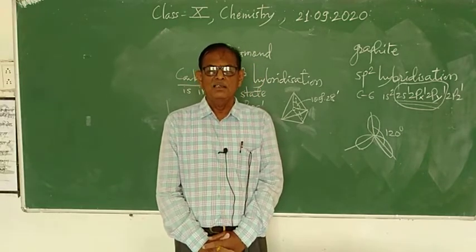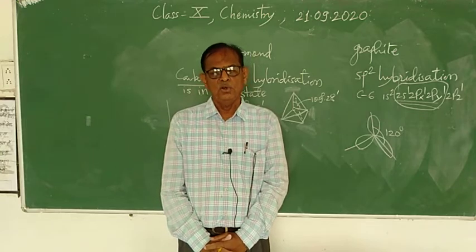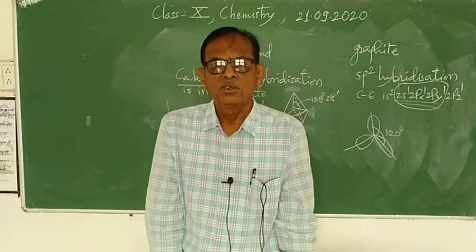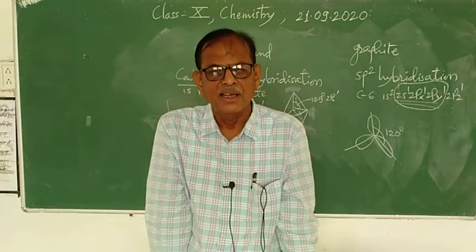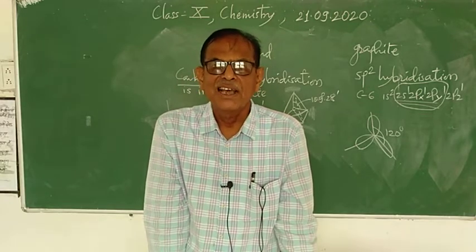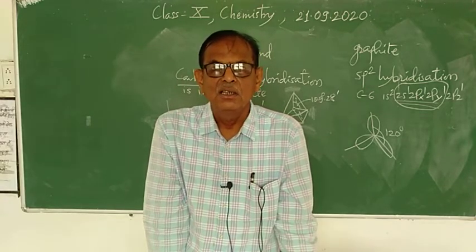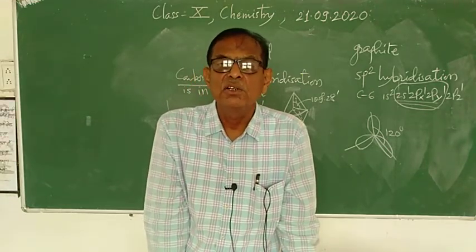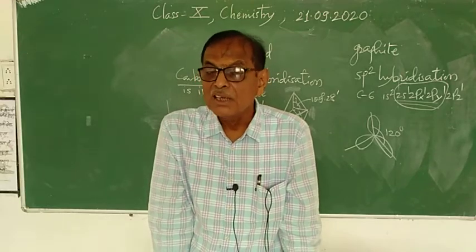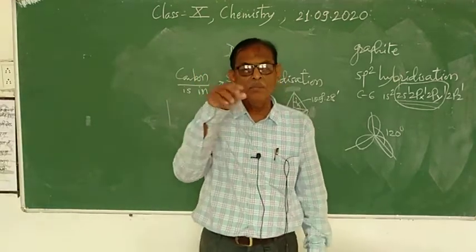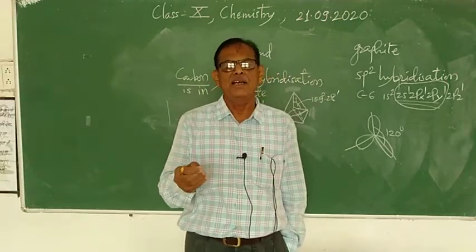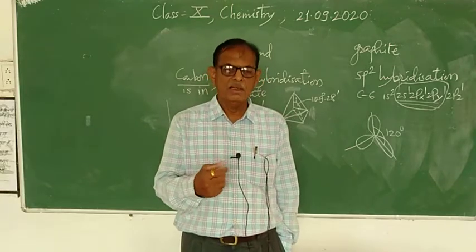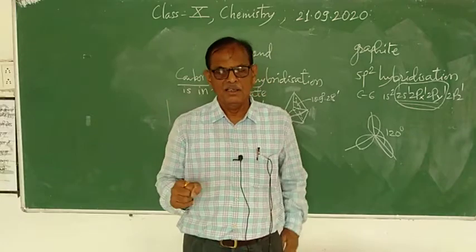Diamond is very costly, you know, and diamond is generally sold in the market on the basis of 1 carat, 2 carat, 5 carat, 10 carats, 20 carats, etc. 1 carat means what? 1 carat is equal to 200 milligram. Some diamonds have very high carat, like Kohinoor, isn't it?